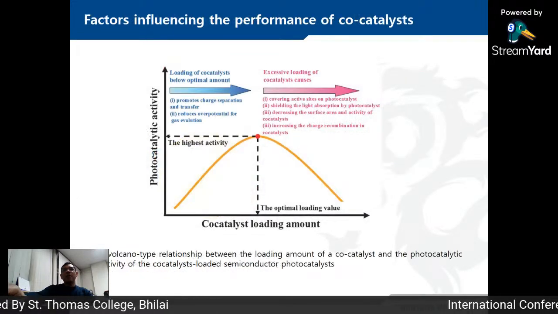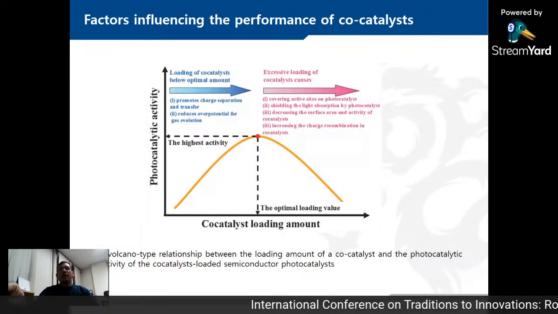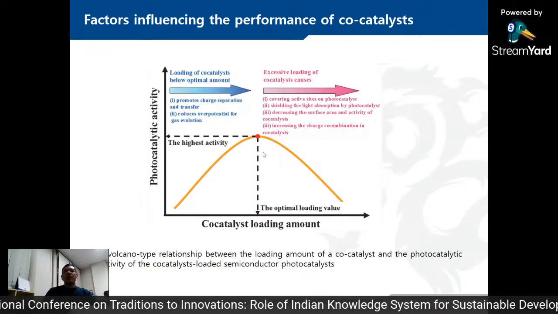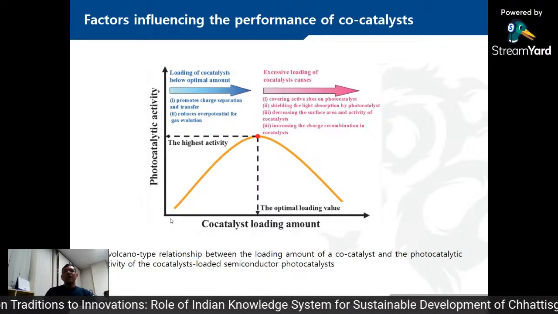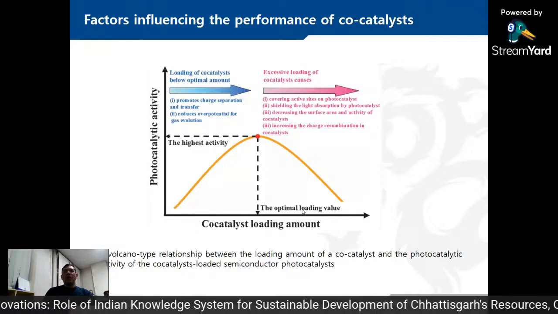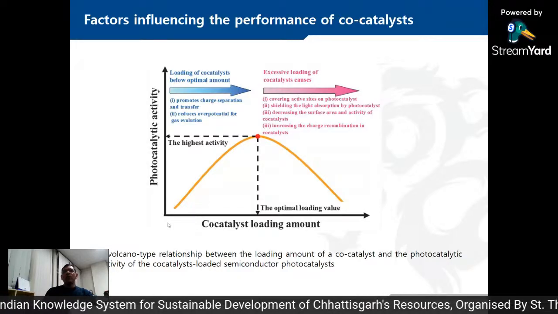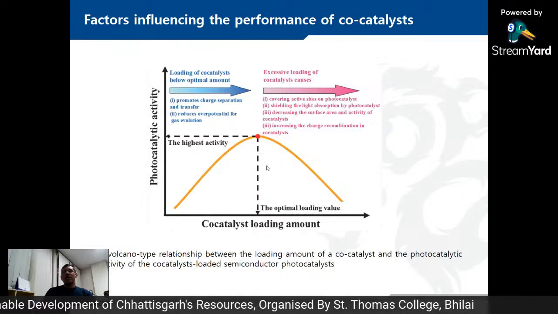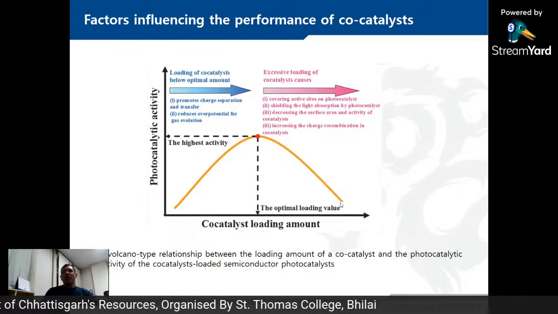Apart from that, we also use co-catalysts like silver or gold or platinum nanoparticles. It is like a volcano type of activity. If you dope a higher amount of the co-catalyst, the photocatalytic activity decreases.